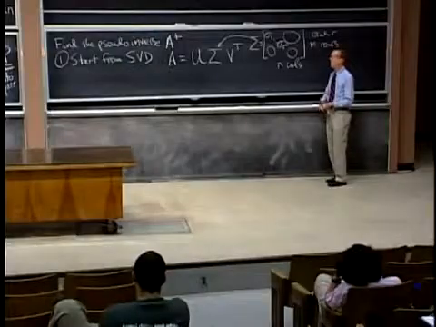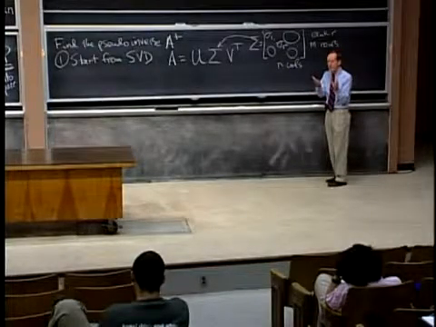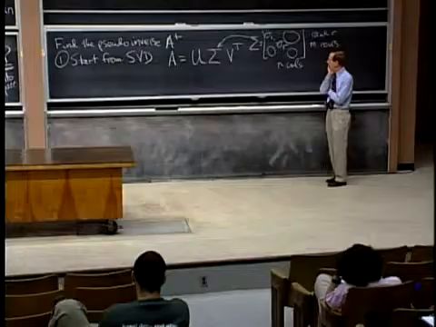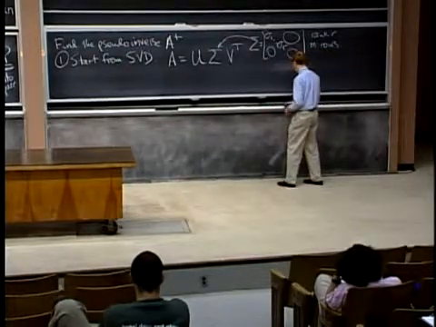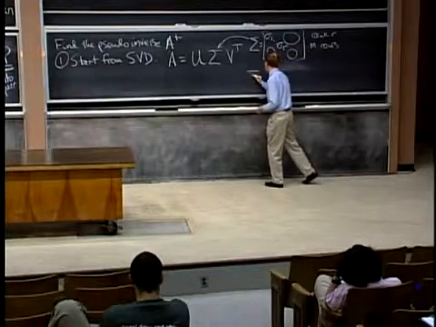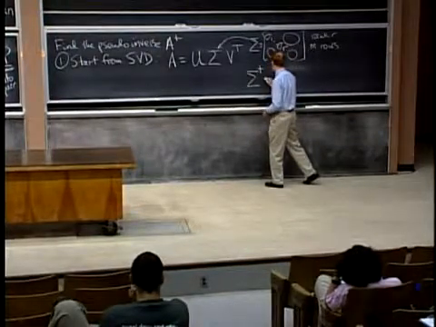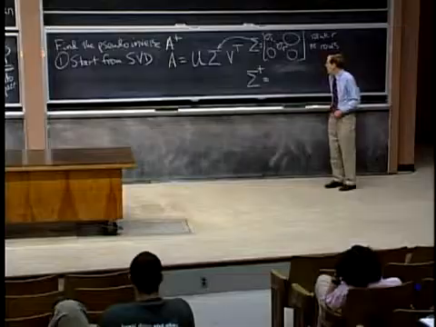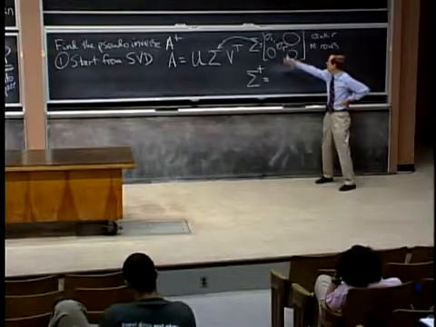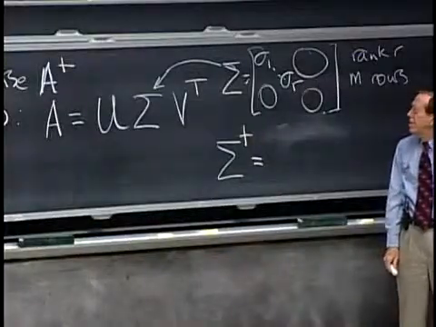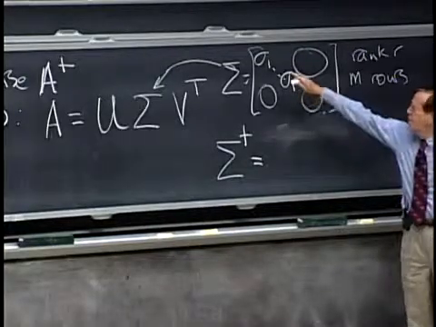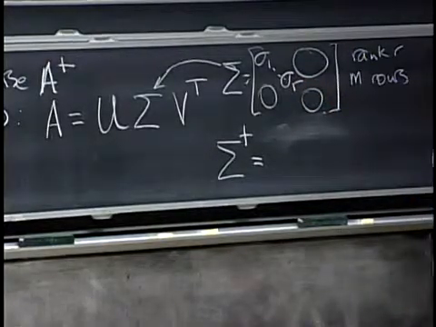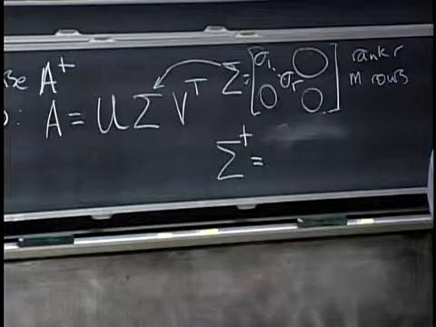Okay, so what's the pseudo-inverse? What's the matrix? So I'll erase our columns because right below it I want to write the pseudo-inverse. Okay, you can make a pretty darn good guess. If it was a proper diagonal matrix, invertible, if there weren't any zeros down here, if it was sigma 1 to sigma n, then everybody knows what the inverse would be.